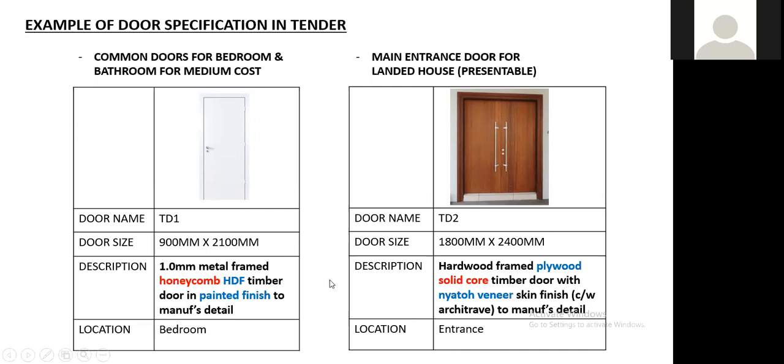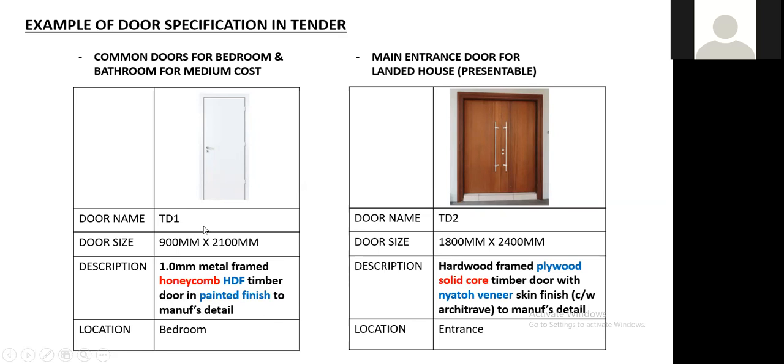The first part, to manufacturer's detail, is the door itself, but the finishes don't come together with the door. The paint usually comes later. So maybe it can be specified this way. Can we structure it like timber door to manufacturer's detail, in painted finish to architect selection, or something like that?